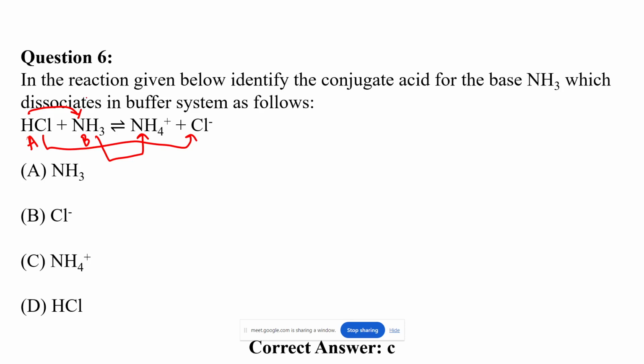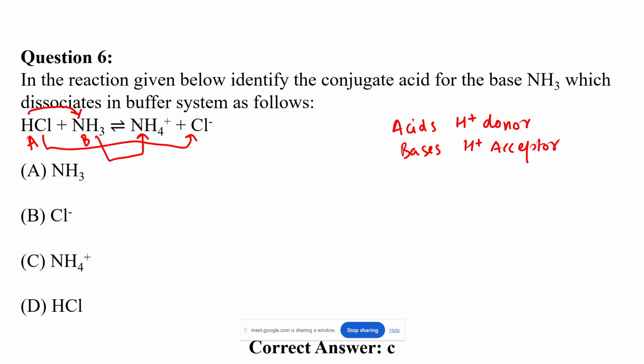You must have studied acids are proton donors and bases are proton acceptors, right? So ammonia being the base will accept the proton from the acid HCl and get converted into ammonium ion.